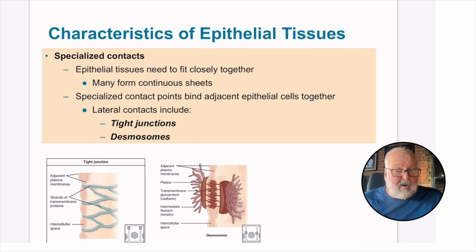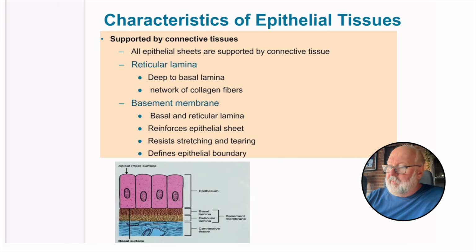And if you're not sure what they are, previous videos talk about them, or just look it up in a book or check it out. Tight junctions basically prevent things from squeaking between cells, and desmosomes keep cells from pulling apart, so they really hold stuff together.